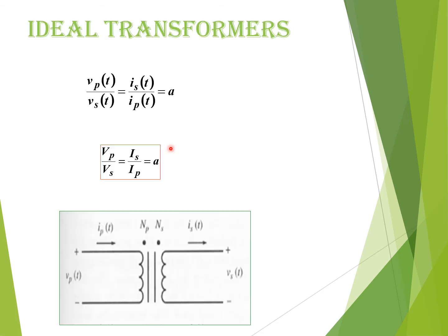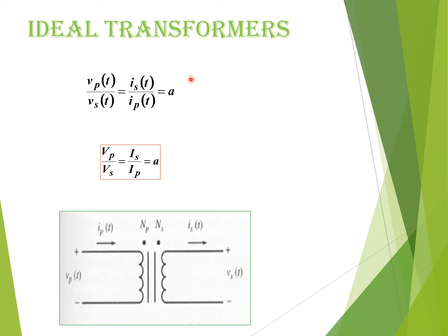Where A is the turns ratio, it is constant, and this is for the instantaneous time. And when we talk about the RMS value, the equation can be written as Vp by Vs is equal to Is by Ip, which is equal to A.